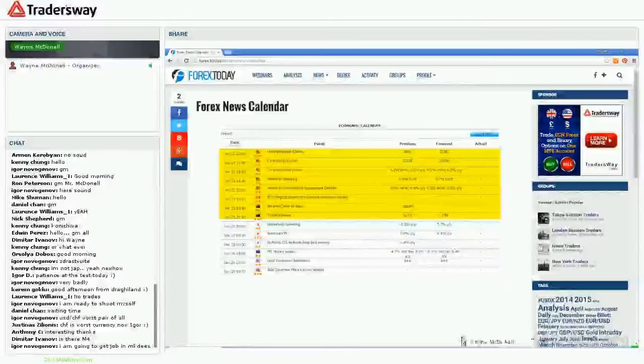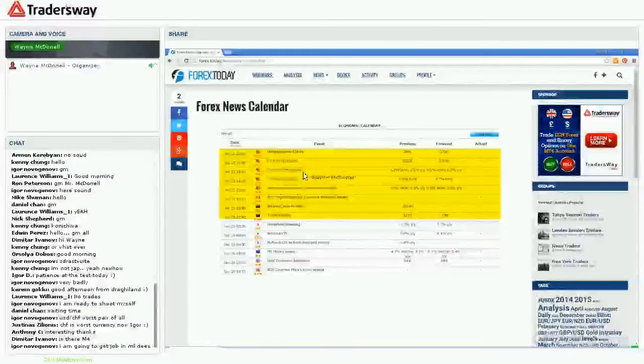Cool. So that's left. We've got weekly unemployment claims in the United States. Shouldn't be that big of a deal, but we want to see good numbers, right? Especially if you think the Fed's going to raise soon. So, we don't want a bad number.